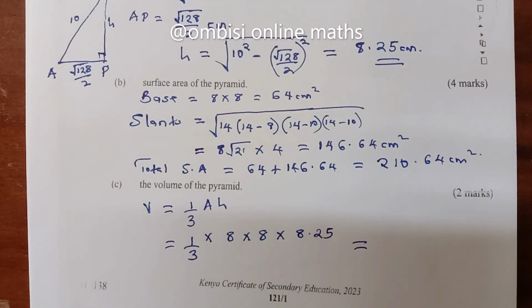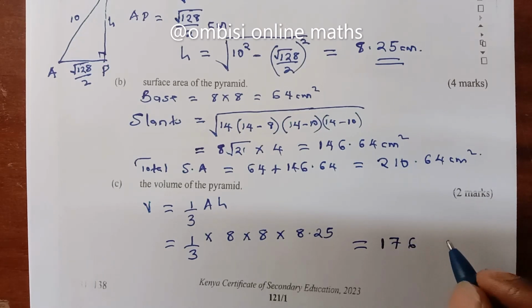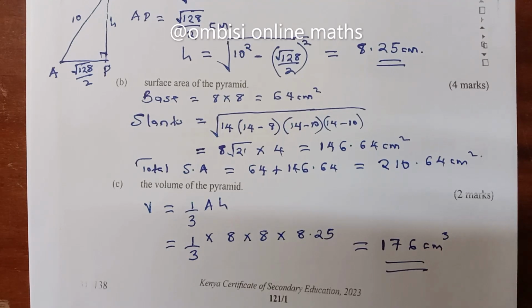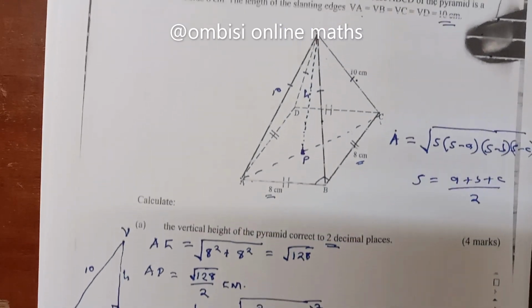So we insert them directly into our calculator, which is 8 times 8 times 8.25, then you divide it by 3, and this is going to give us exactly 176 cubic centimeters, and that is the volume of that pyramid. And that is how you are supposed to answer question 19 on the volume of a pyramid.